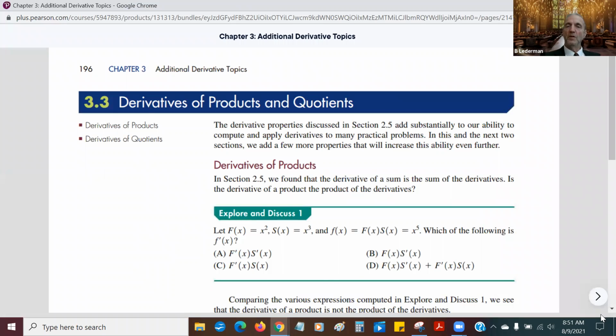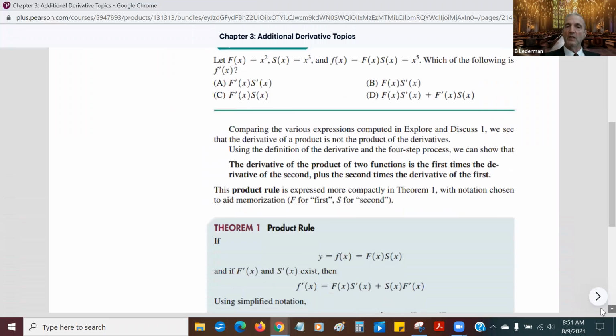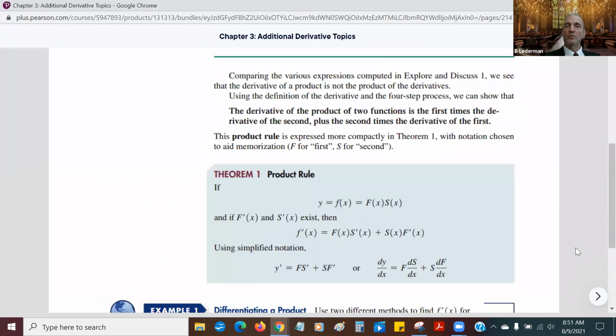That leads us to a formula, which is called the product rule. So the official answer in words: the derivative of the product of two functions is the first times the derivative of the second plus the second times the derivative of the first. That was choice D. And we write it here as the product rule.